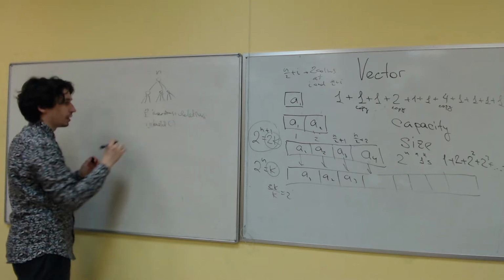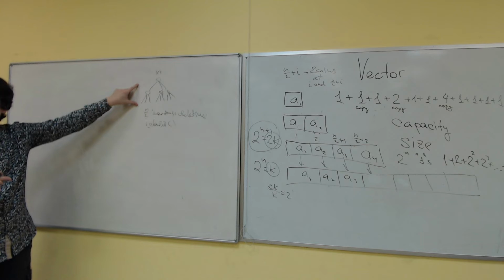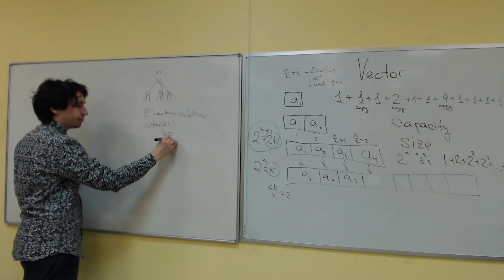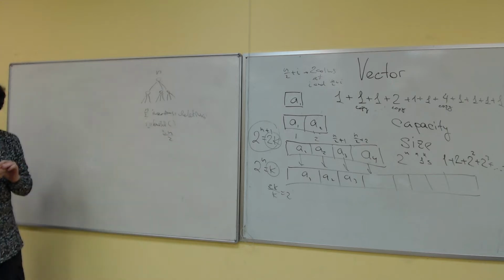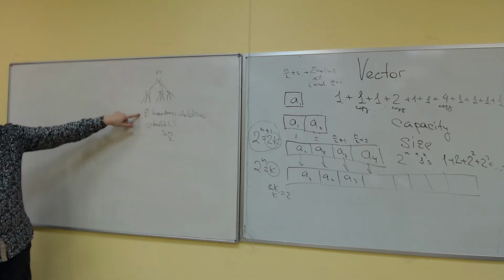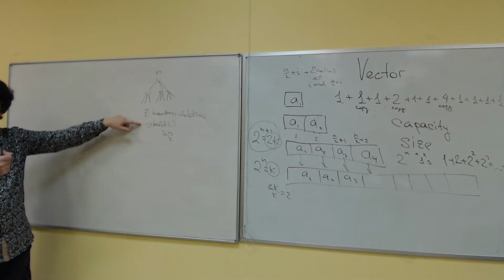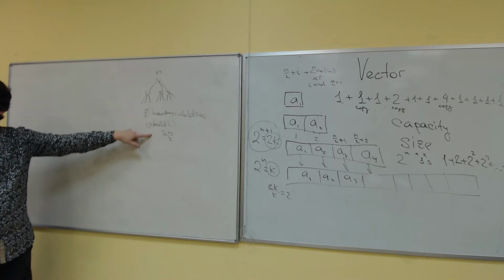You can note that when you rebuild the tree, the whole size of the tree is at most 3n over 2. Then you spend here n over 2. So for each operation, insertion and deletion, you can put 3 coins for the future, and then you can use them for the rebuild.